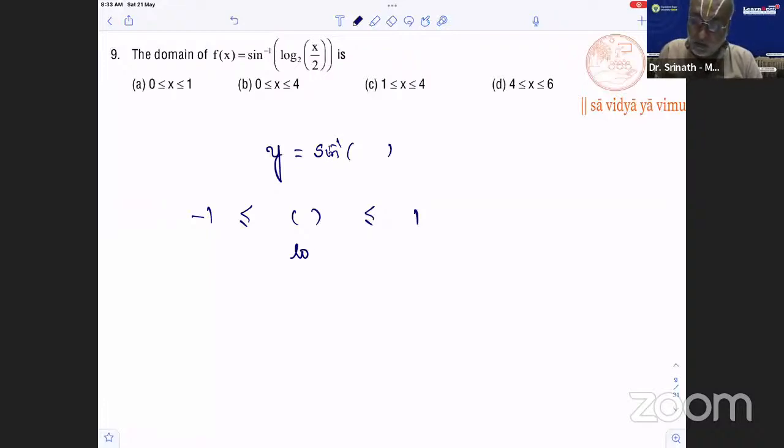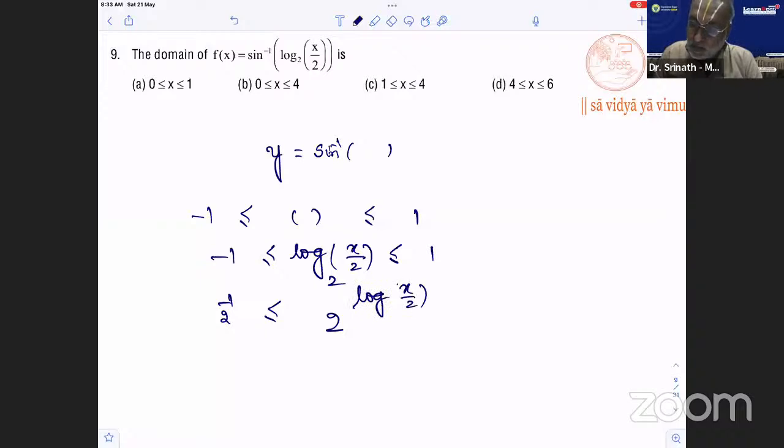That is log x by 2 to base 2. This is lying between -1 and +1. So 2 to the power of -1 is less than or equal to 2 to the power of log x by 2 to base 2, which is less than or equal to 2 to the power of 1. Is that okay?